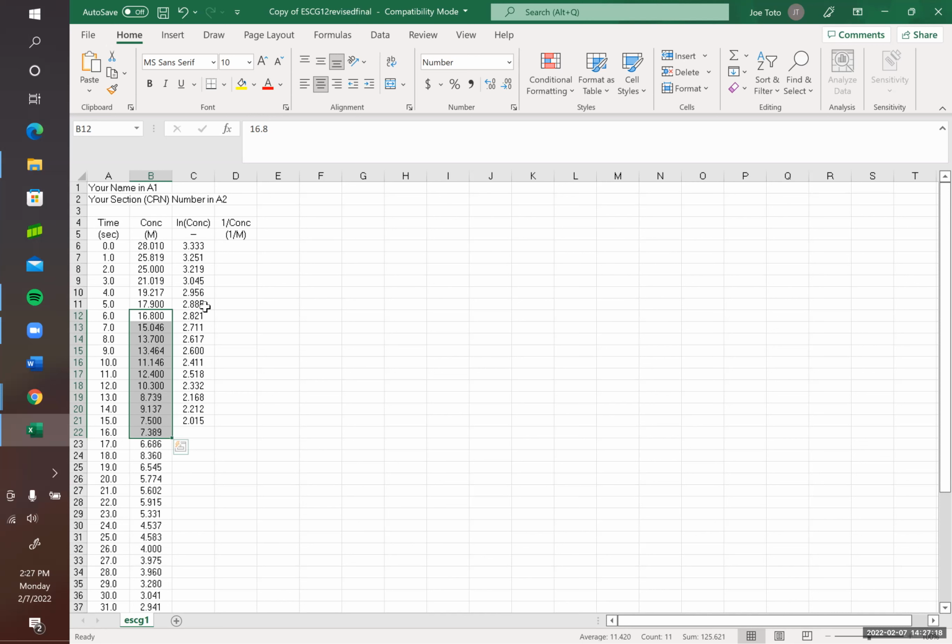All right, this is where it ties to some of the stuff that we talked about in our lecture, namely using the graphical method in connection with the integrated rate laws for determining the order.